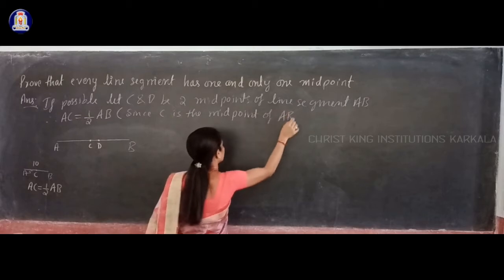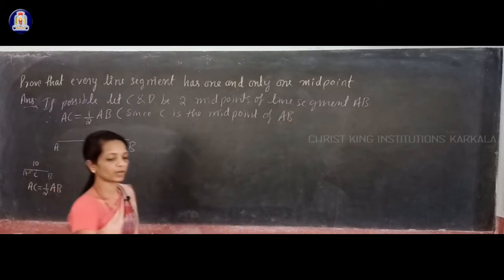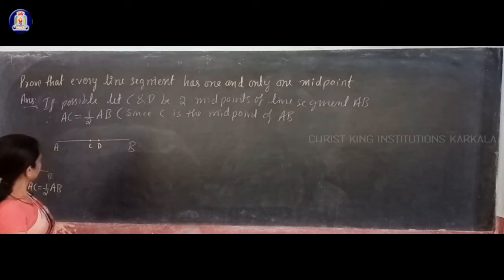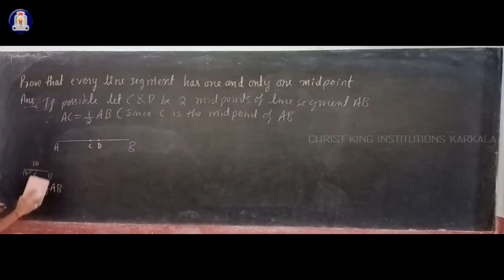Of AB. In the same way, you have one more midpoint, that is D. So if you write for D, then what we get? You have a line segment AB, and we assumed that D is also the midpoint of AB. So for example, if AB is 10 centimeters, then AD must be 5 centimeters, right?